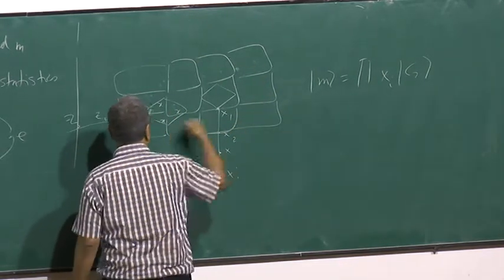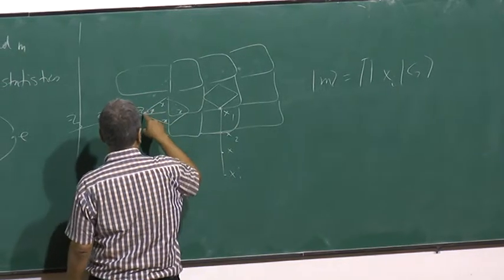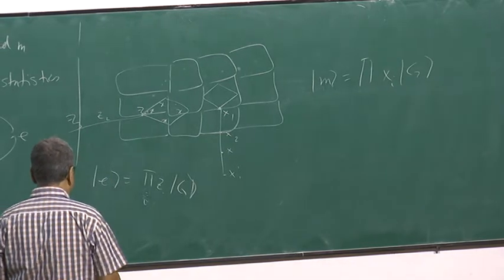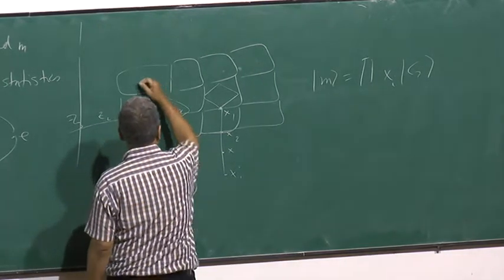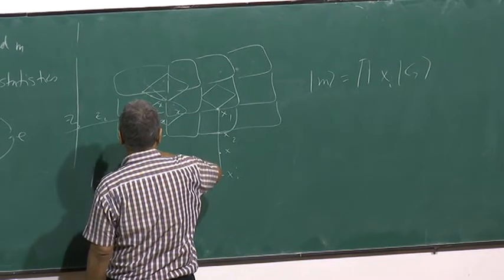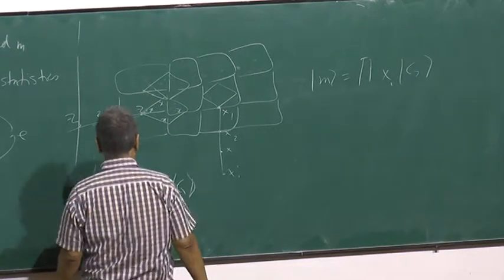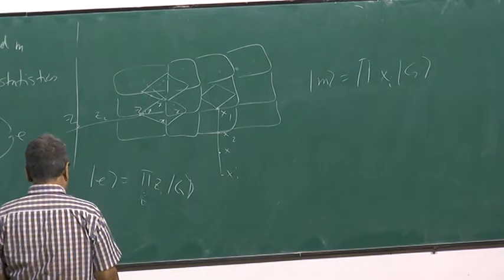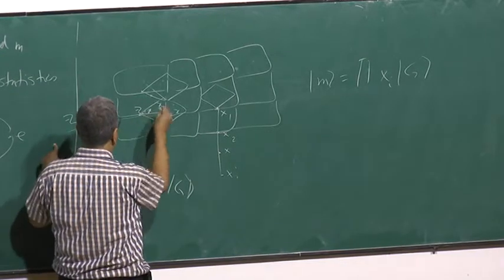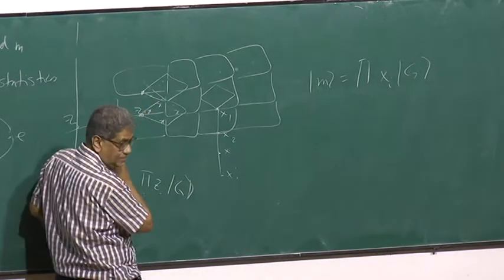It doesn't matter which way we go around. So I take the string and multiply by the product of these two z's.